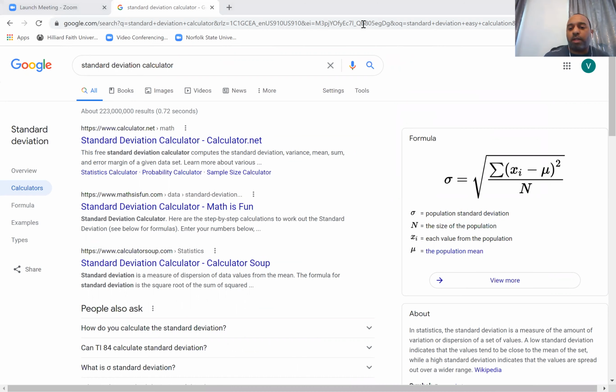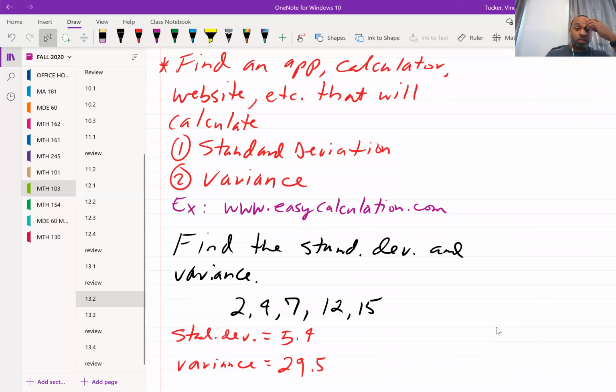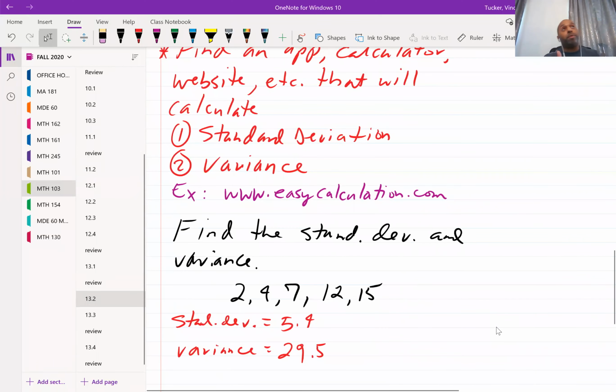Questions on that? Make sure you pay attention to the directions on whether you're dealing with a sample or a population. Normally, short data sets like this would be a sample, while a population would be a large amount.